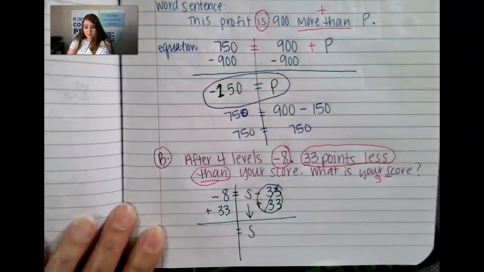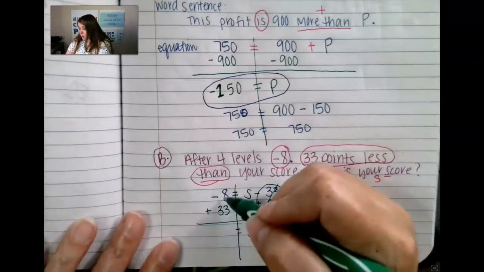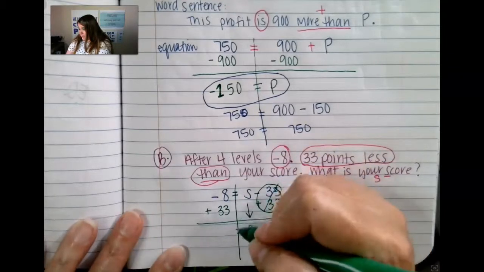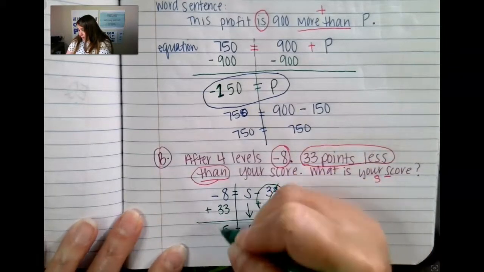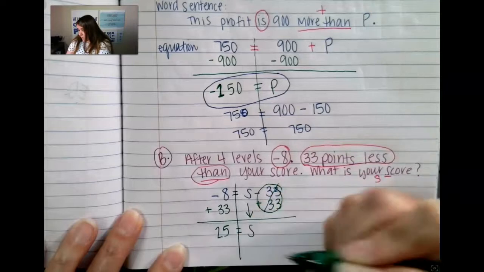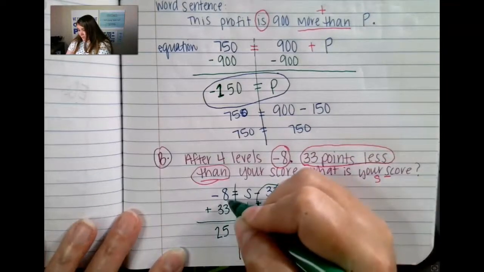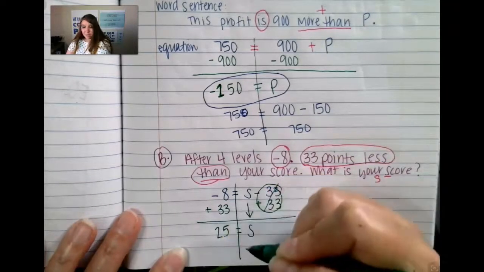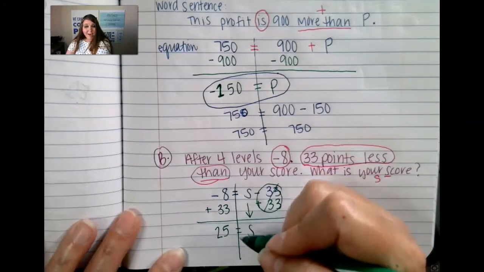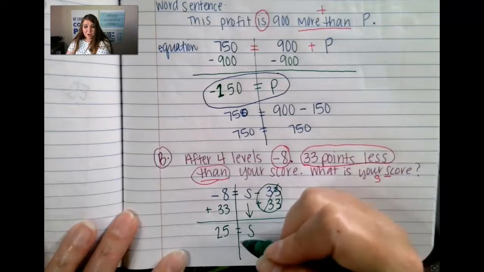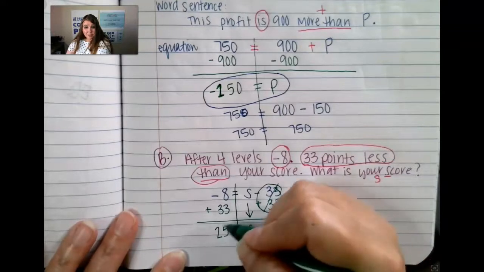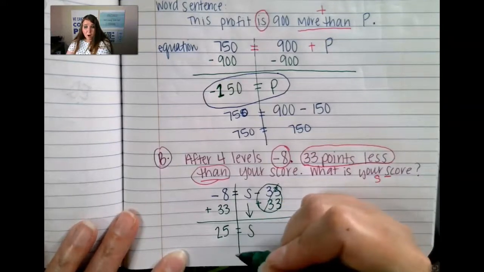So what I have left over, I know that 8 and 3, well, that's going to be a 5, and that is 25. So 25 and 8 gives me 33. So I had $33, and the difference here is 25, a positive 25.